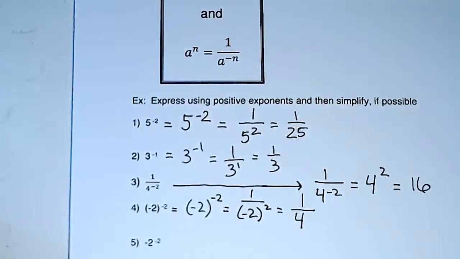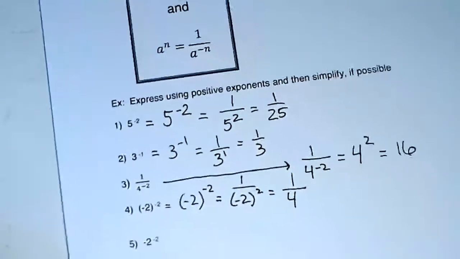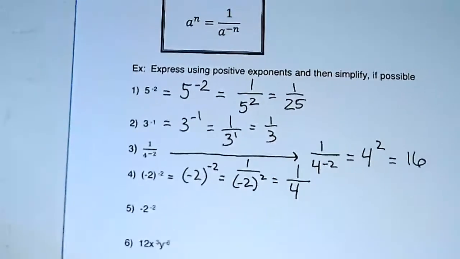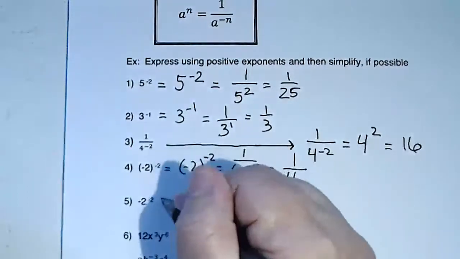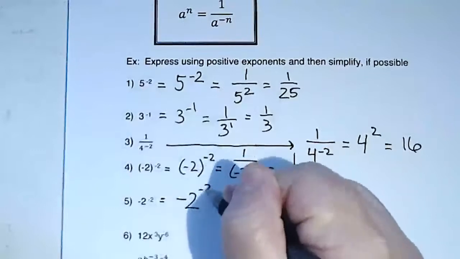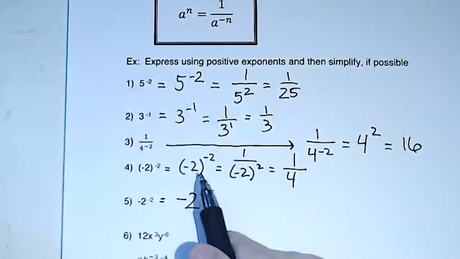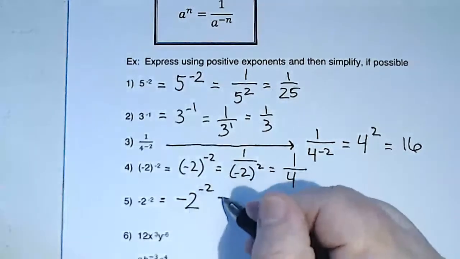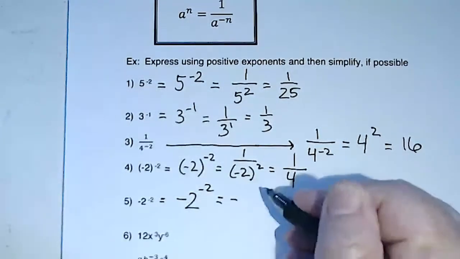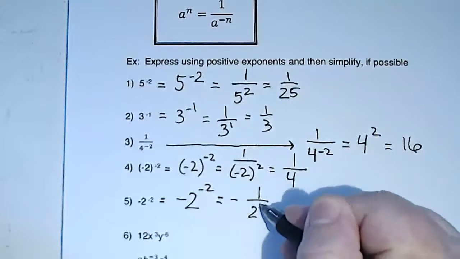Now, this next one, oh man, this next one is enough to give everyone a little bit of pause. So remember, when I don't have these parentheses holding the minus and the 2 together, the minus just kind of hangs out and only the 2 goes downstairs.